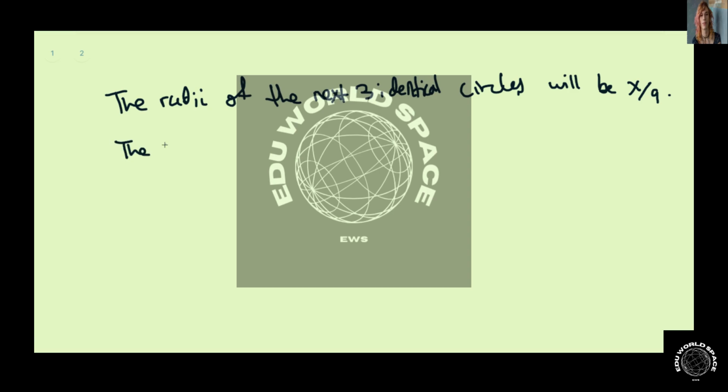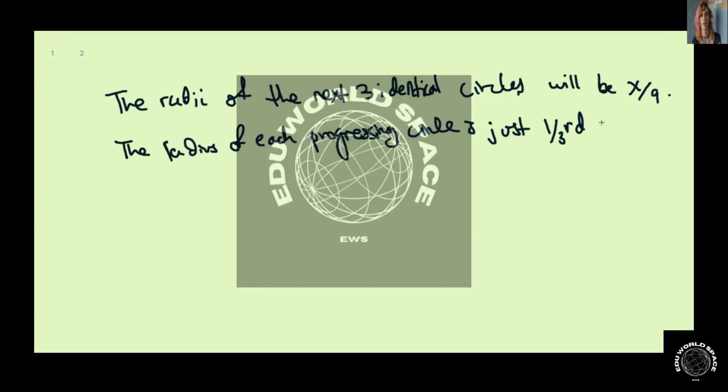So the radius of each progressing circle is just 1/3 of the previous. So therefore, we're basically done here.